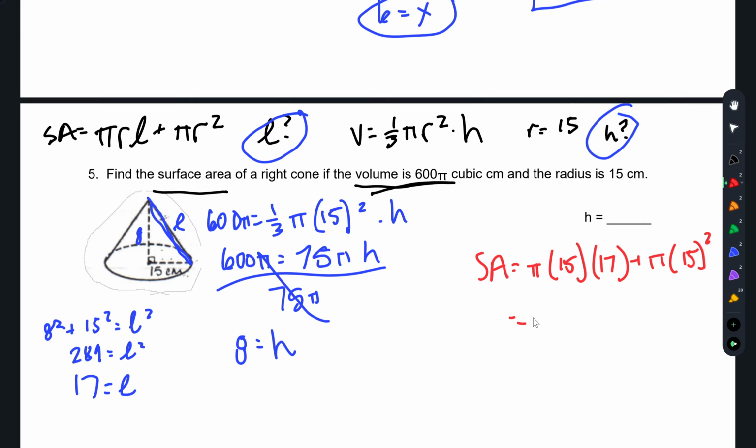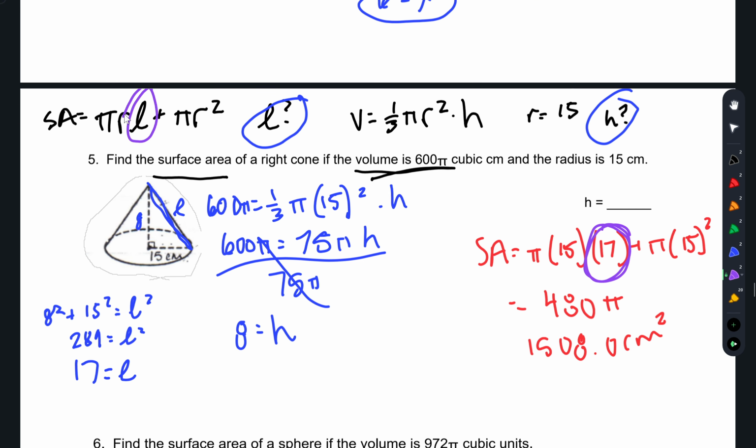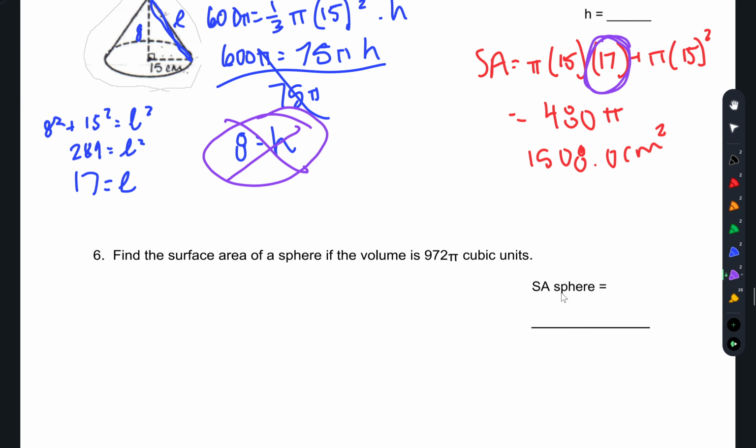All plugged into our calculator, that's about 480 pi, or 1,508.0 centimeters squared. Be very careful here that when we are doing our surface area formula, that we know that we're plugging in the slant height and not the regular height. But other than that, that one should be done.